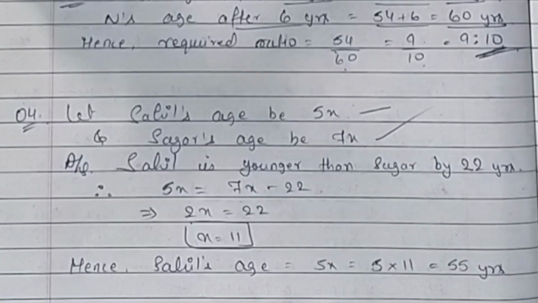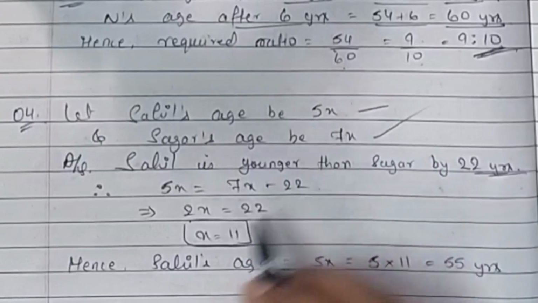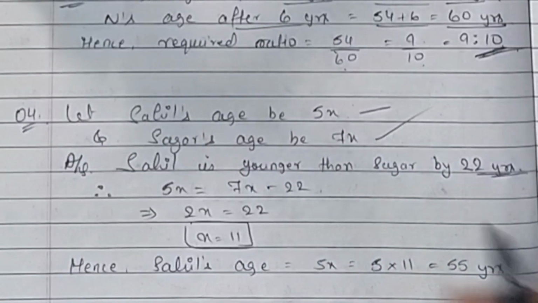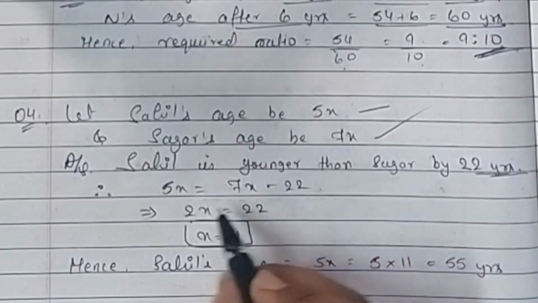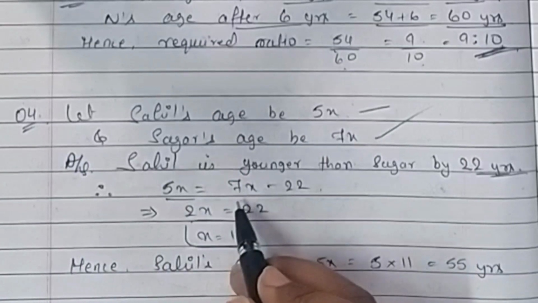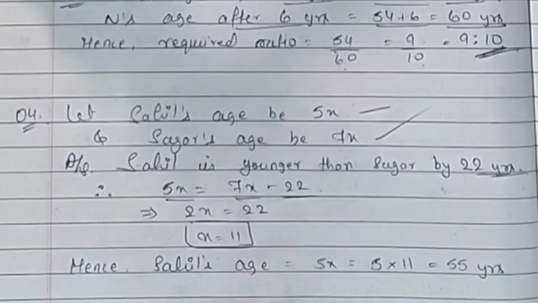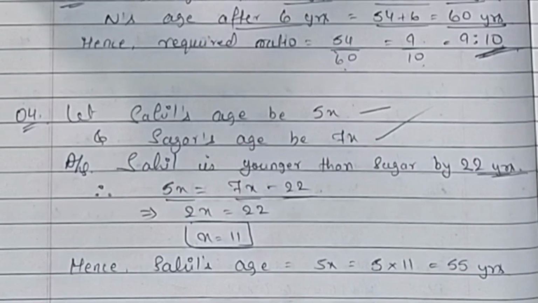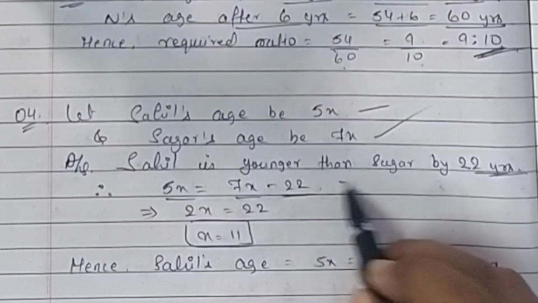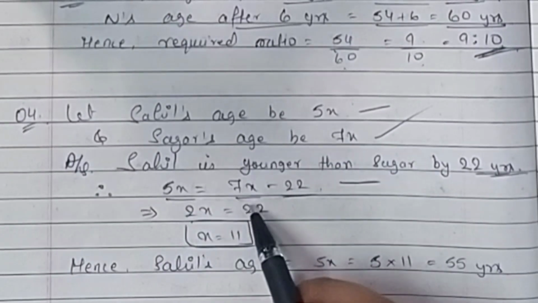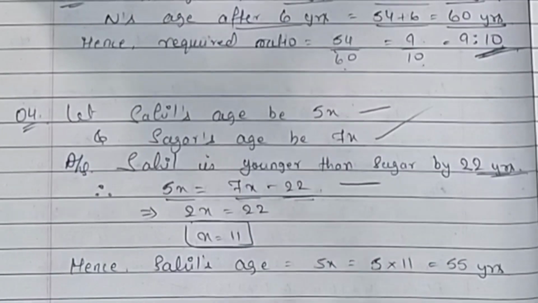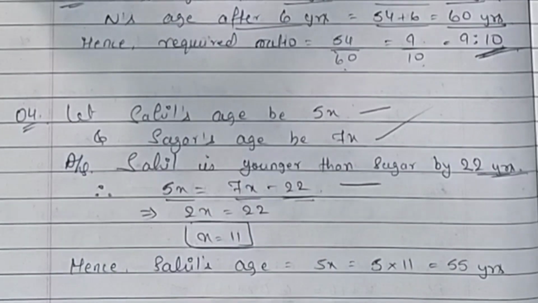So we have made an equation which is Sahil's age equals Sagar's age minus 22, because Sahil is 22 years younger than Sagar. So the equation is 5x equals 7x minus 22, and hence 2x equals 22 and x equals 11.